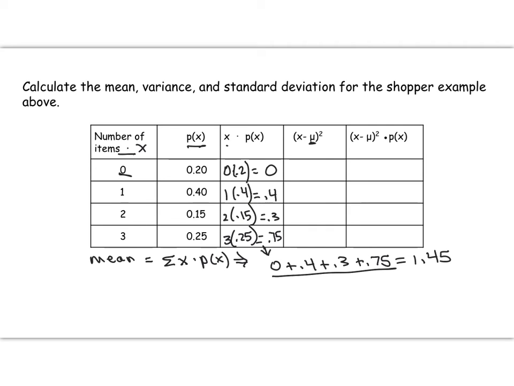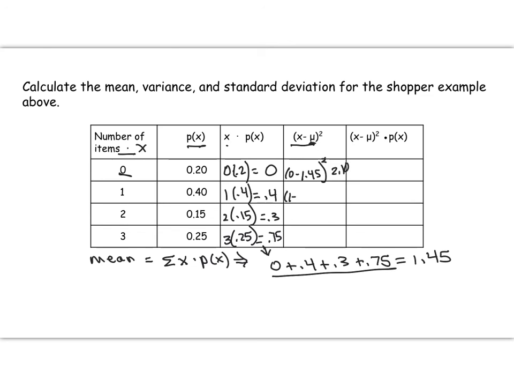All right, so let's calculate this fourth column here, so that we can get a standard deviation and a variance. So 0 is the x value, and we subtract the mean, which is 1.45. That's going to be negative 1.45, and when we square it, we get 2.10. So we started out with one decimal. We're going to add one more.